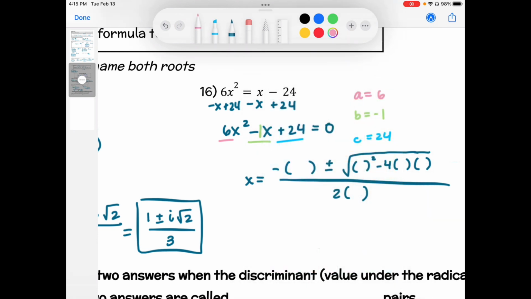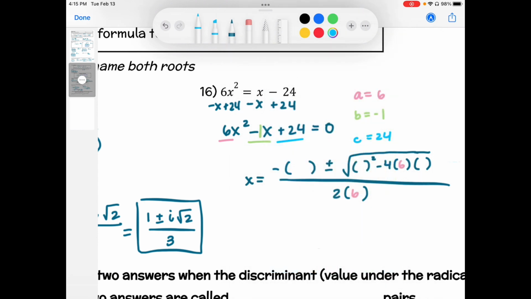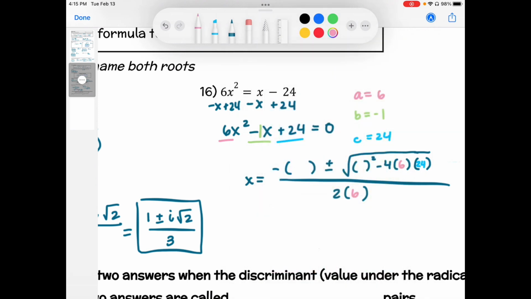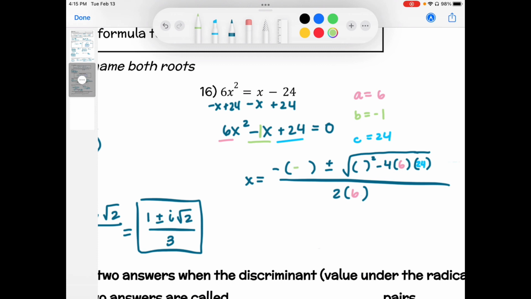So a goes here and here. And this is just looking at the formula and plugging it in where we know. C is 24 right there. And then b is -1. Okay?